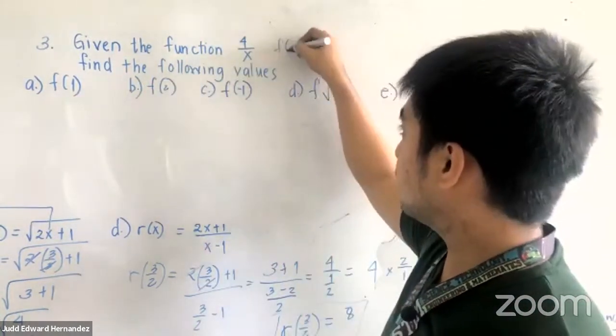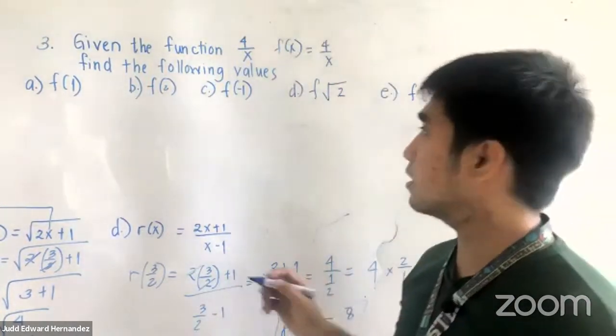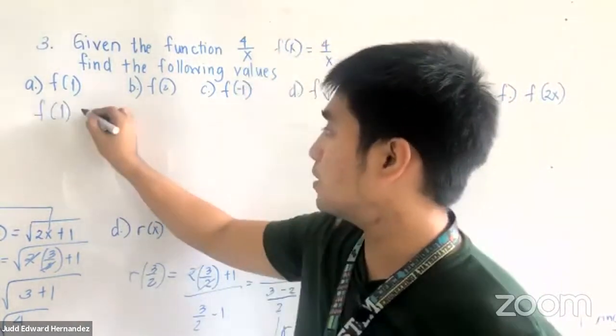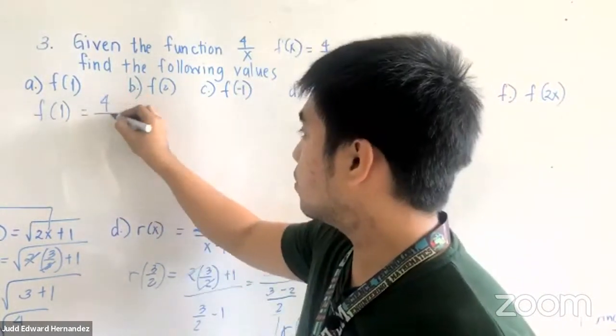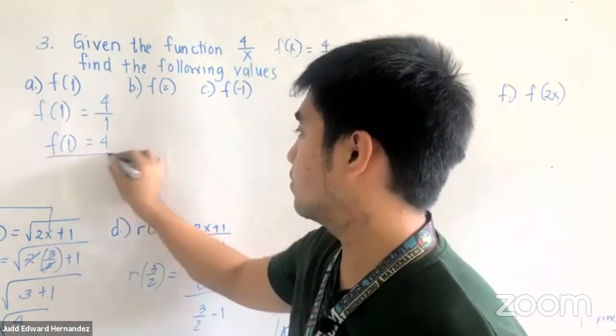We're given f of x is equal to 4 over x. So this is the given. If we're asked to get f of 1, that is 4 over 1. And f of 1 now is just equal to 4.